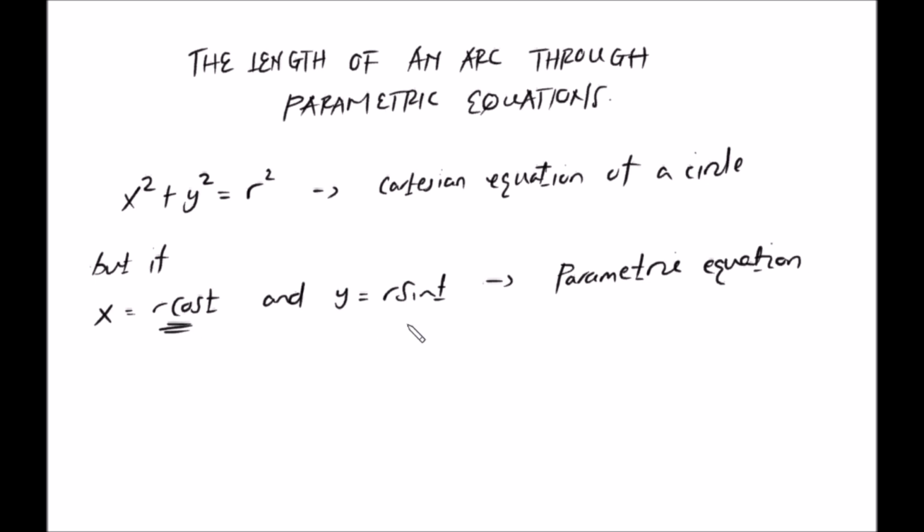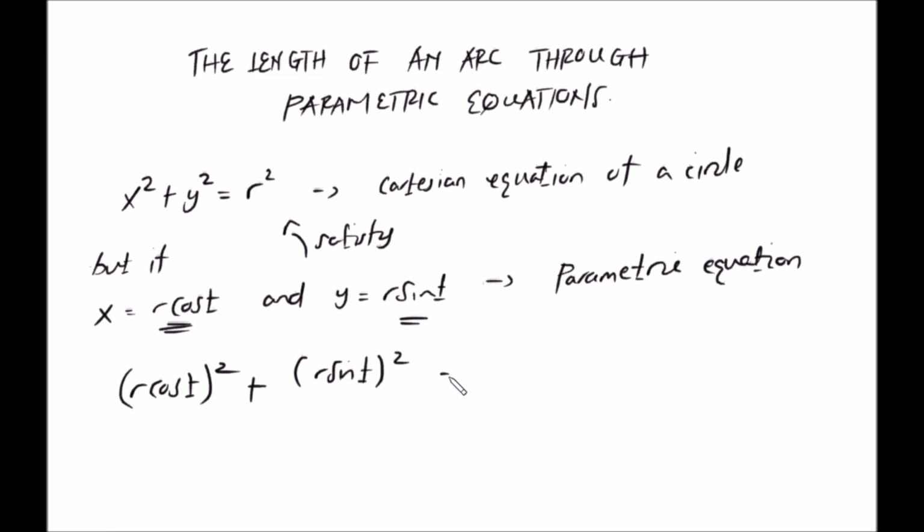Sasa parametric equation lazima isatisfy Cartesian equation. Kwa mfano kwa kesi yetu hapo r cos t, yani x squared jumlisha r sin t, yani y squared, utaona ni sawa na r squared cos square t jumlisha r squared sin square t sawa na r squared.